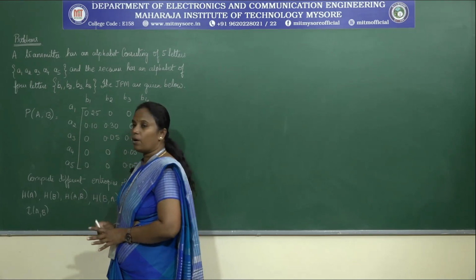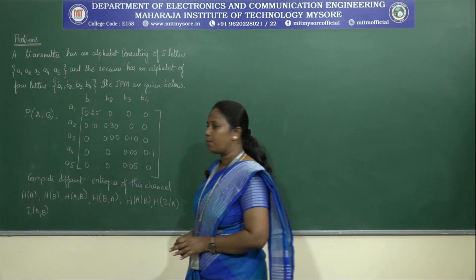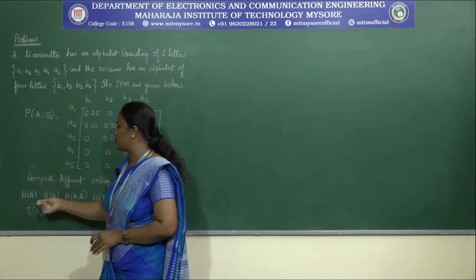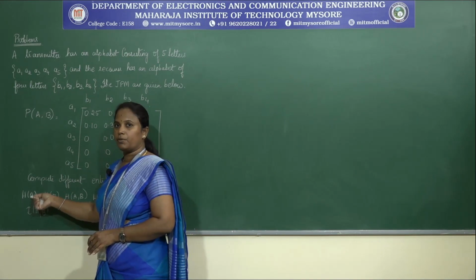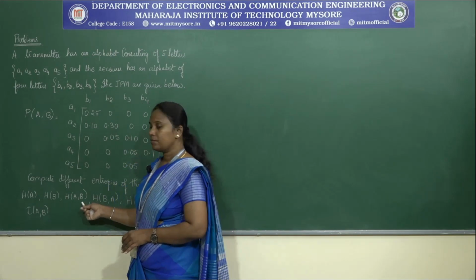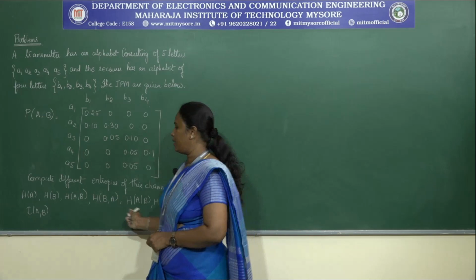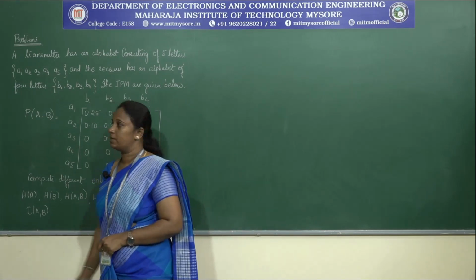We need to compute all the entropies of this particular channel. That means you need to calculate the entropy with respect to the input side, H of A, H of B, that is the output, then the joint entropy, then the conditional entropy, as well as the mutual information.